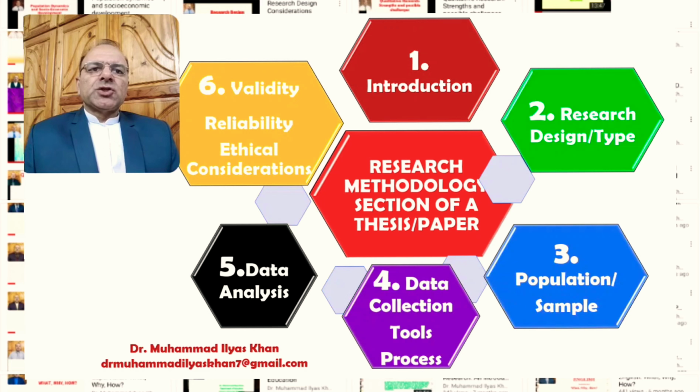So the second important part of the methodology section needs to have information related to what research design has been adopted and what paradigm has been referred to in terms of adopting that particular research design.